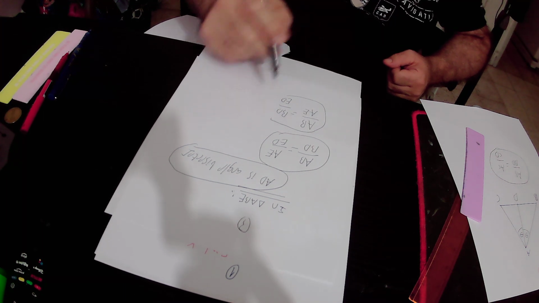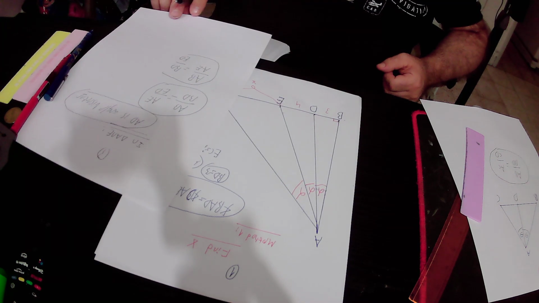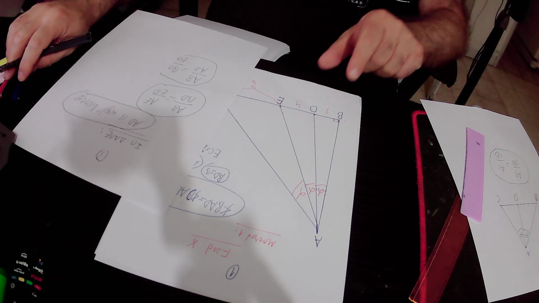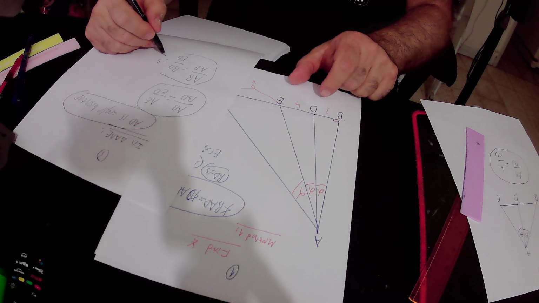Okay? But according to what is given in the question, BD equals 3 units and DE equals 4 units.